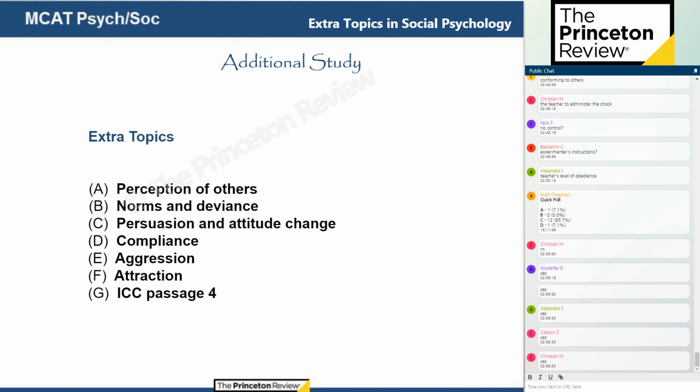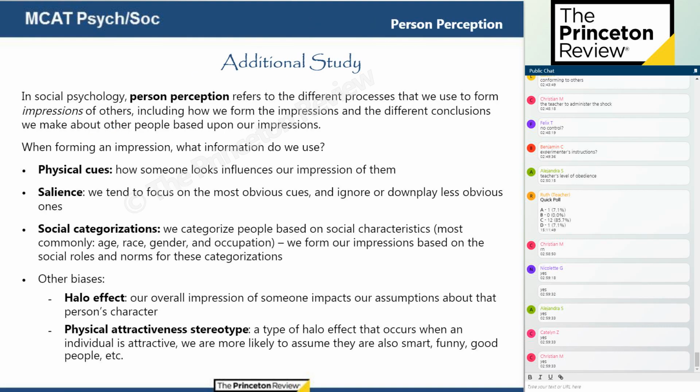Okay, we've got some other issues here. Some of these I am going to suggest as homework, this being one of them. Come back and take a look at this slide for homework.